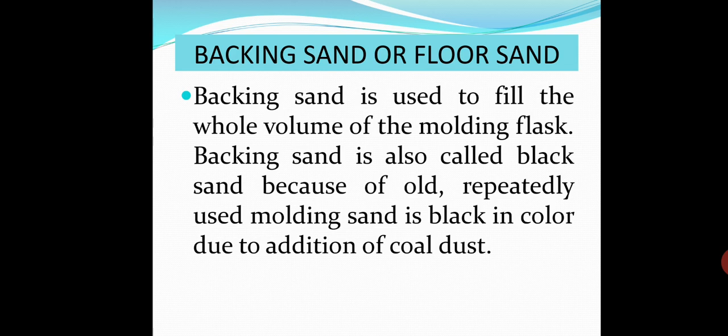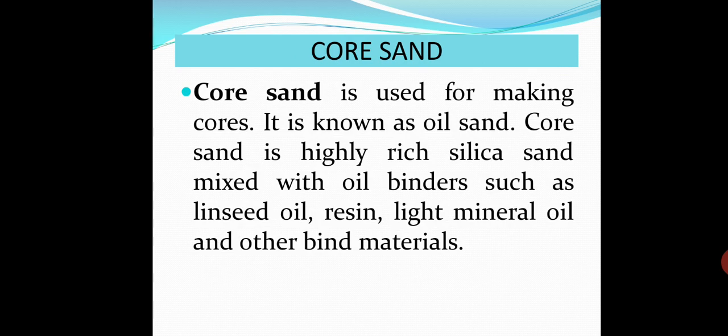So backing sand is used to fill the major volume of the molding box or flask, except near the face, the layer where it comes in contact with the pattern. All other volume, other than the parting area, is filled with the help of backing sand.